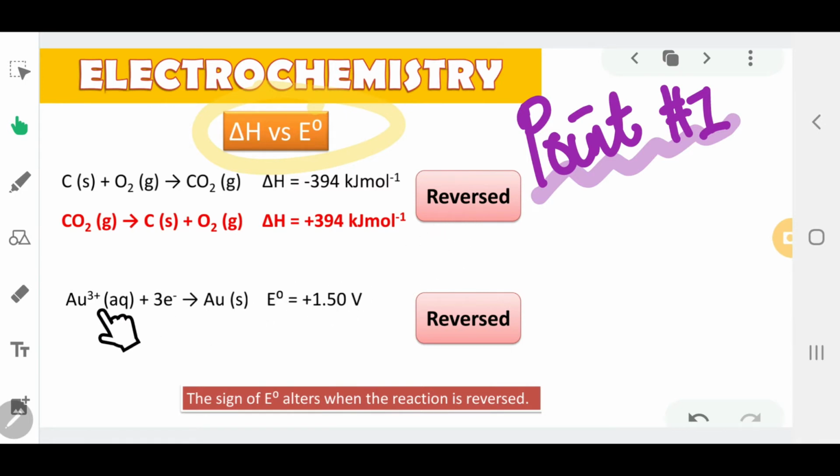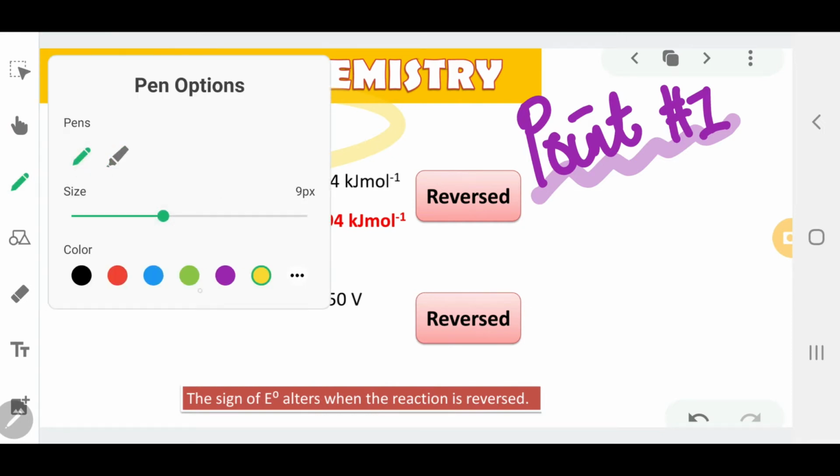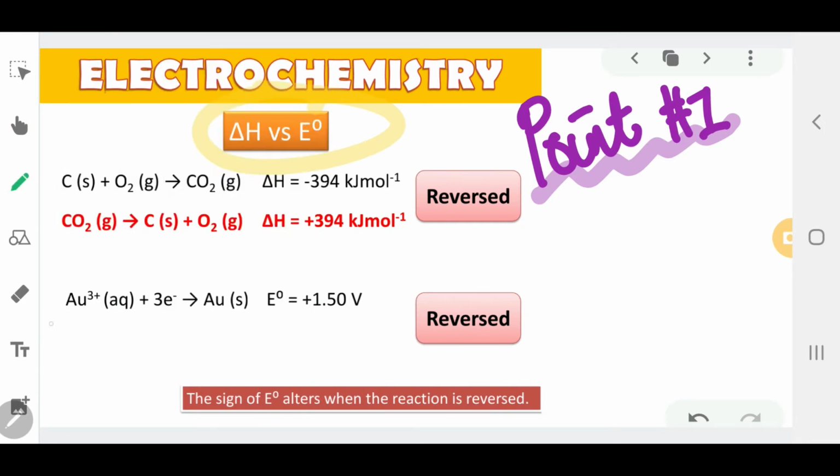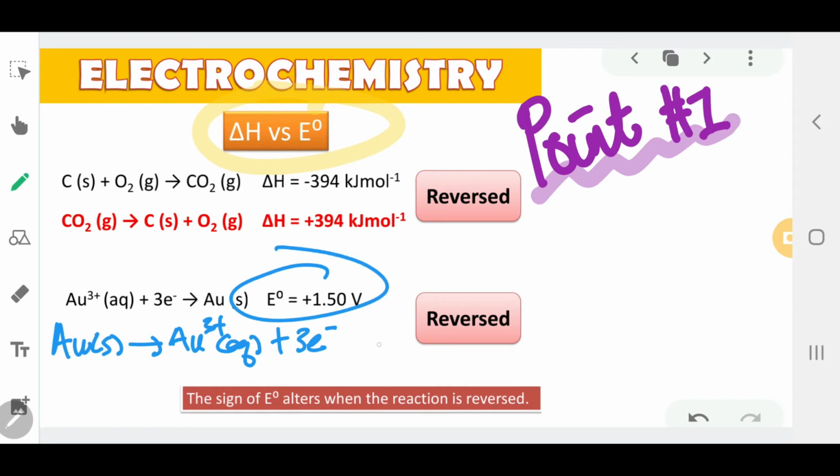When you look at the reaction down here, this one has the E0 value. So what happens if we reverse that reaction? Let's say you're going to have Au solid, plus gold aqueous plus 3 moles of electrons. So what happens to that value now?